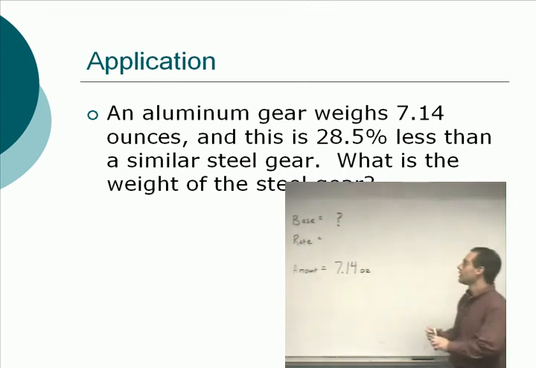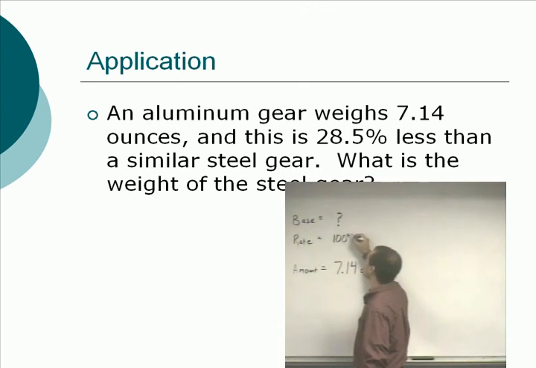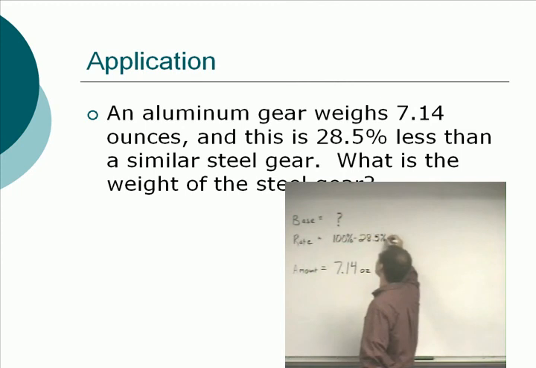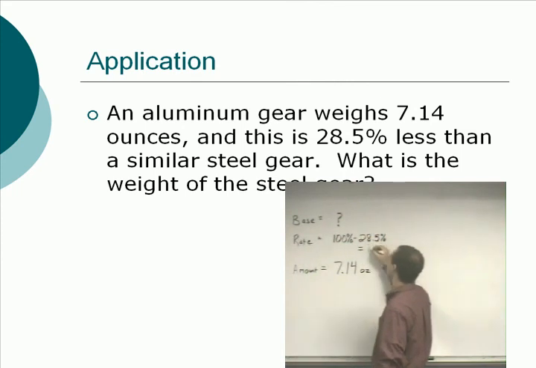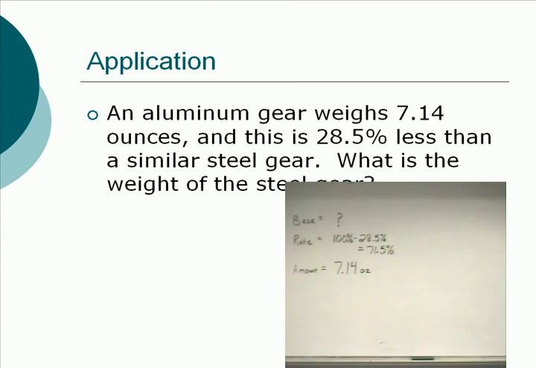And so our rate is 100%, which is the weight of the steel gear, minus 28.5%. That means our rate is 71.5%. In other words, how much of the weight are we keeping? How much did the aluminum gear keep compared to the steel gear? It is 28.5% less, which means it kept 71.5%.